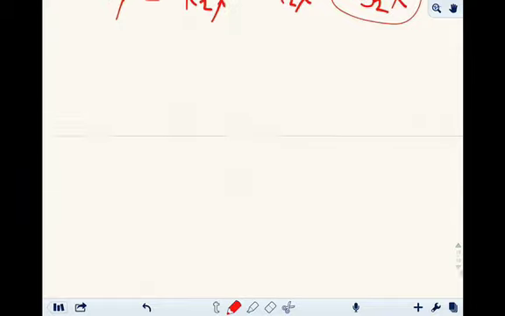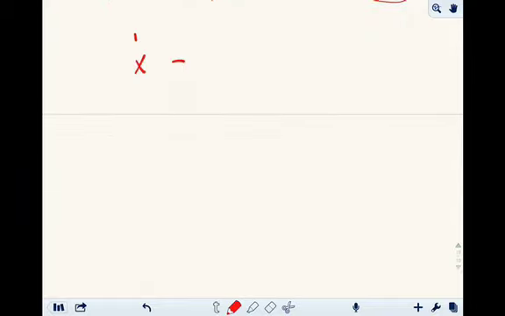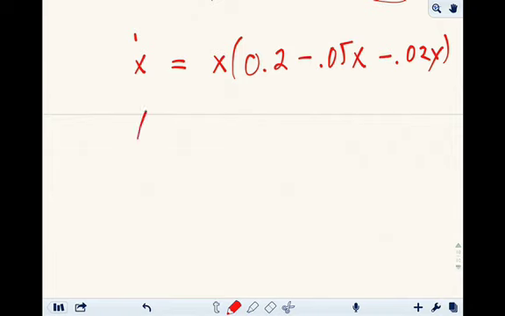Let's put some actual numbers in. X dot equals X times (0.2, there's your growth, minus 0.05 X, so 0.05 would be your density-dependent term, minus 0.02 Y). And Y dot, this is from your lecture notes, equals Y times (0.1 minus 0.01 X minus 0.02 Y).